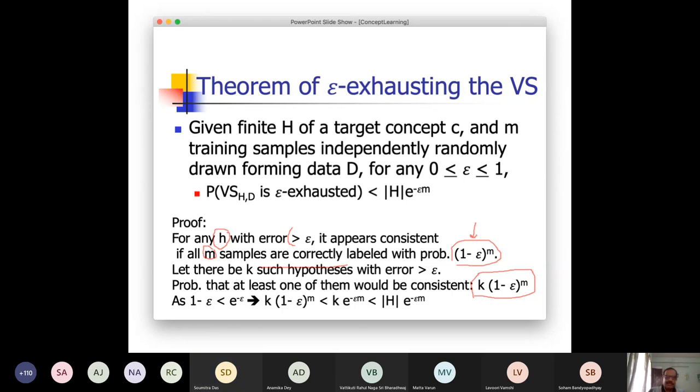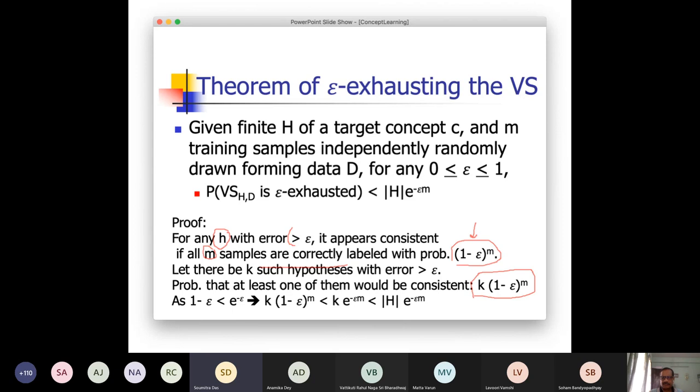So the probability that at least one of them would be consistent, if any one of them is chosen, is this. Sir, are we not counting something extra? Suppose we assume that one hypothesis is consistent, so it is (1 minus epsilon) to the power m.